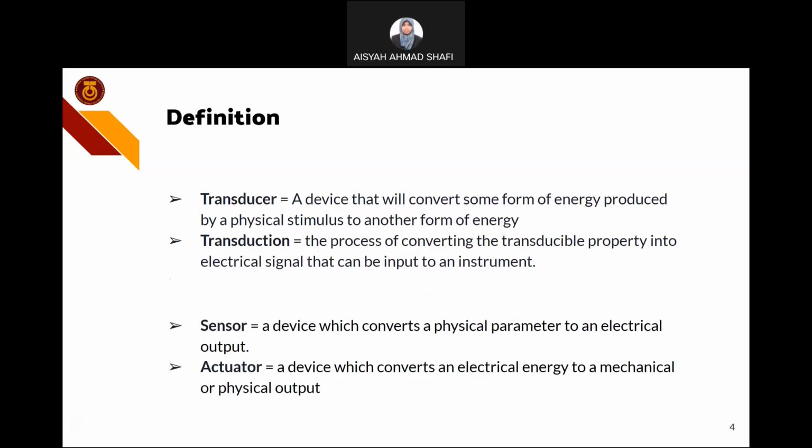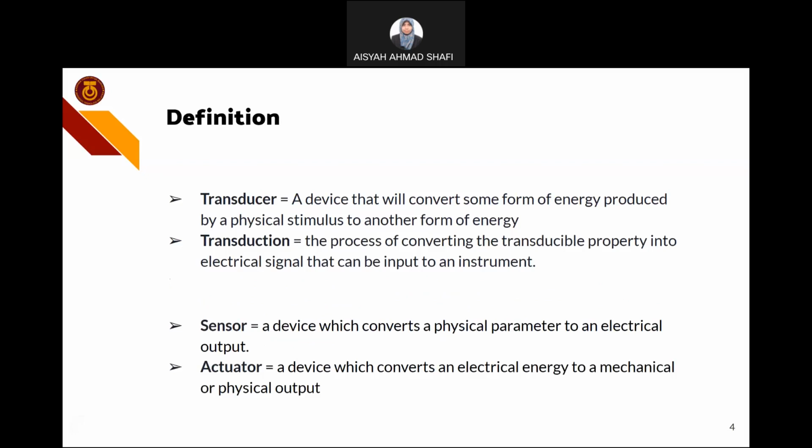Okay, definition of the transducer. A transducer is a device that converts some form of energy produced by a physical stimulus to another form of energy. This means the transducer is the electronic component that changes some form of energy, for example, the temperature, into another form of energy.